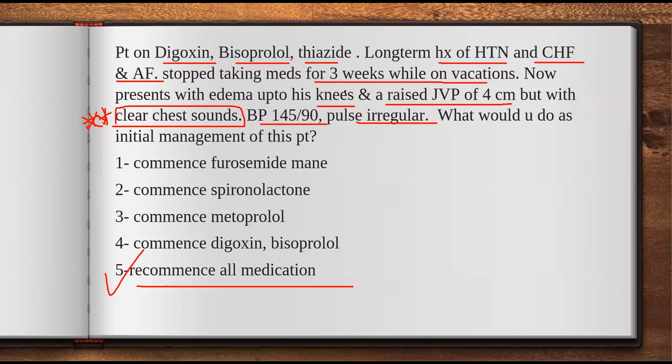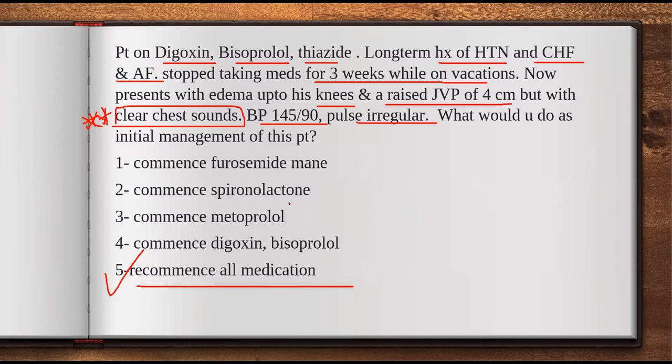But if this patient was not on thiazide diuretics and had pulmonary edema, then you need to start with some diuretics. Especially we would start with furosemide, spironolactone at that time. But this patient already had everything previously, so you can just recommence all those medications. Clear?